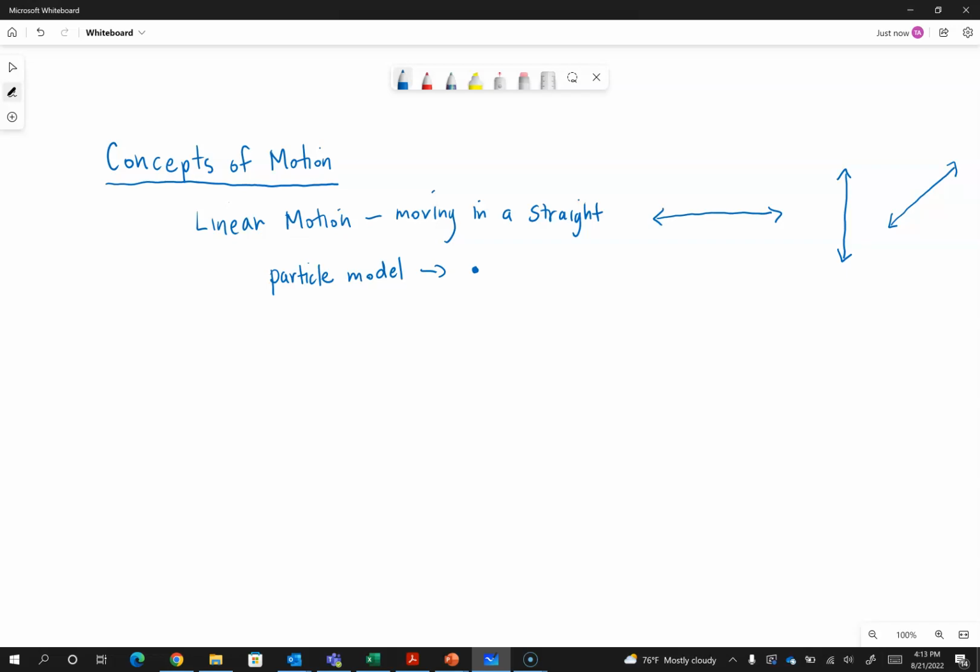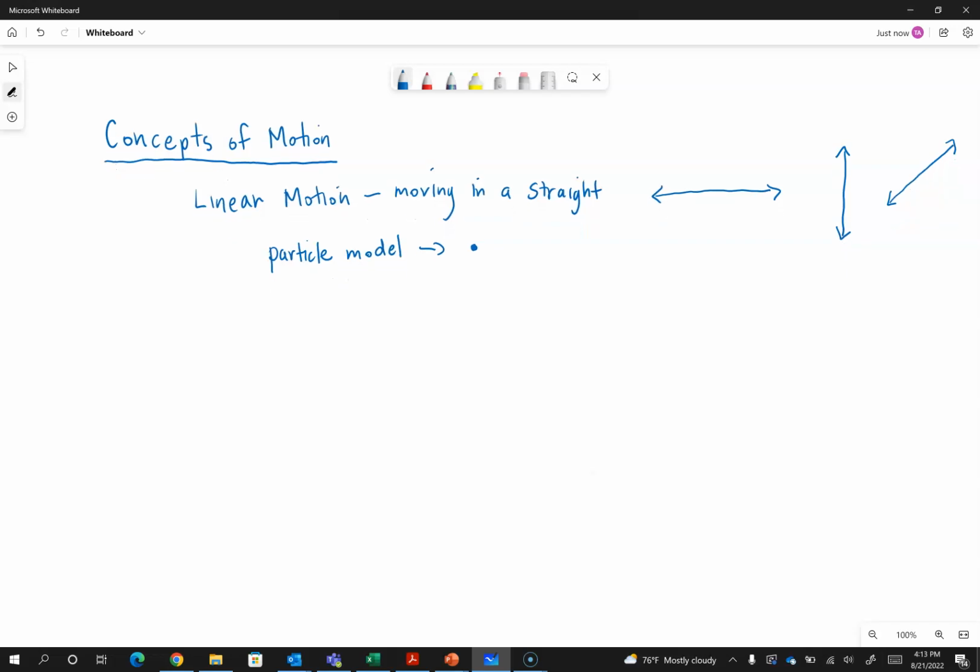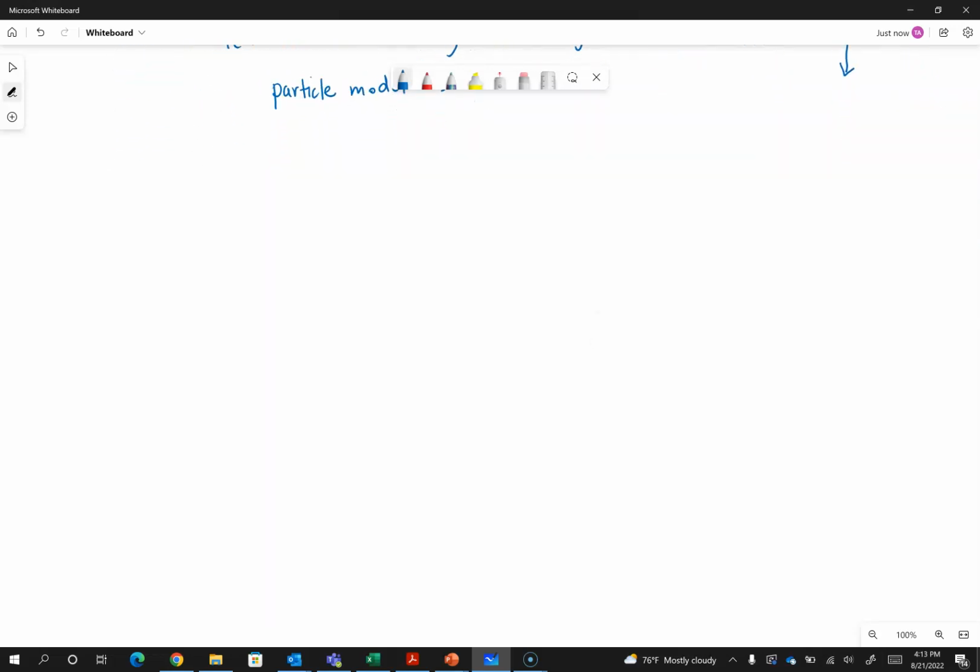Now, in terms of concepts of motion in physics, there are two categories of concepts that we talk about. We have what are called scalars and vectors. A scalar is just a number.